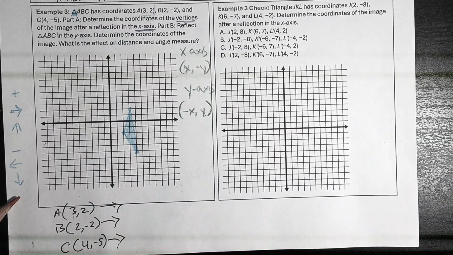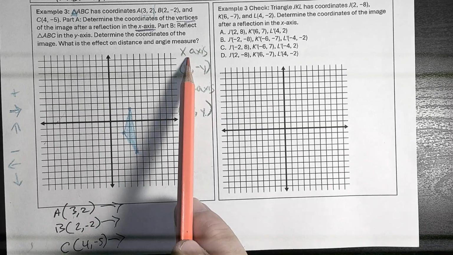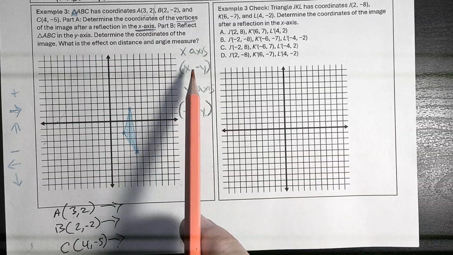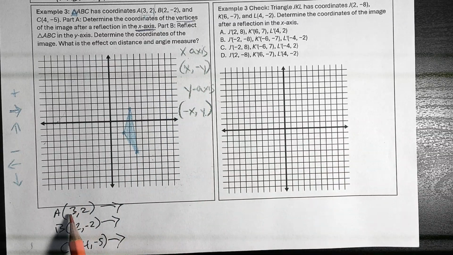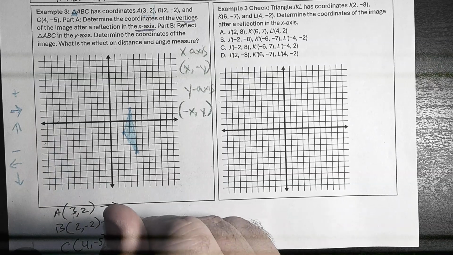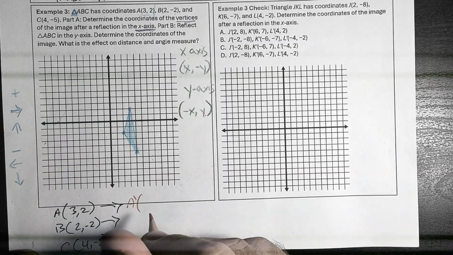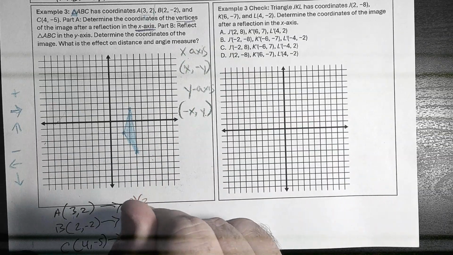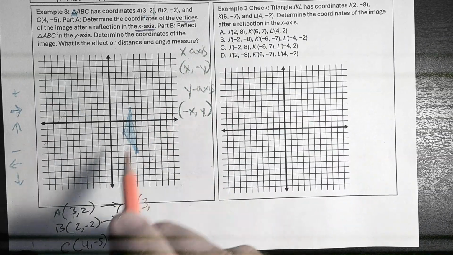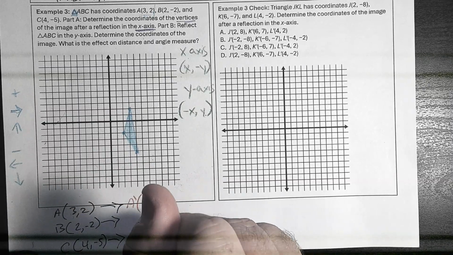All right, so now I'm going to do orange for the next step. So we're going x-axis. X-axis says that x comma y becomes x comma negative y. So 3, 2 is going to become, x stays the same, so 3, and then negative y, so 2 becomes negative 2.